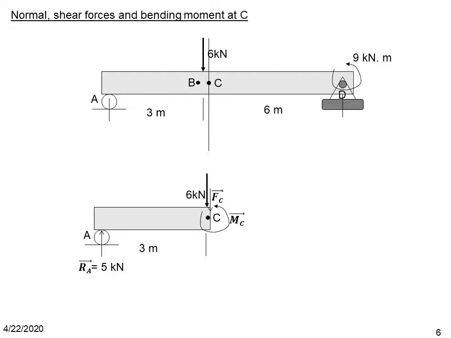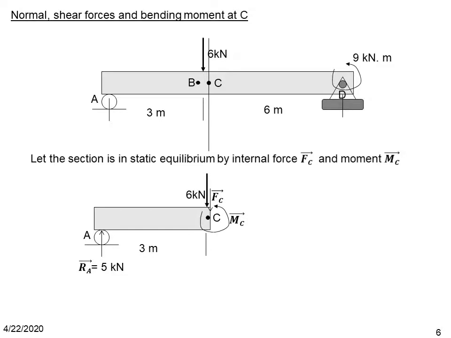The only difference here is when we do the free body diagram, we have an external force of 6 kilonewton acting on the cut section of beam AC. And we also have the reaction A, which is the same as the previous case.